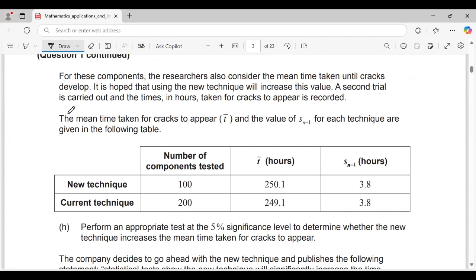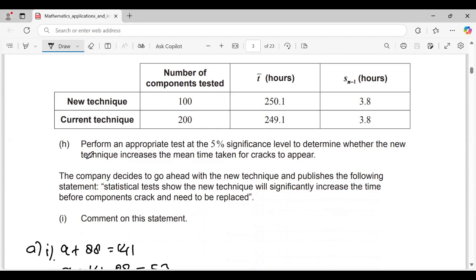A second trial is carried out and the times in hours taken for cracks to appear is recorded. The mean time taken for cracks to appear, T bar, and the value of S n minus 1 for each technique are given in the following table. H. Perform an appropriate test at the 5% significance level to determine whether the new technique increases the mean time taken for cracks to appear.